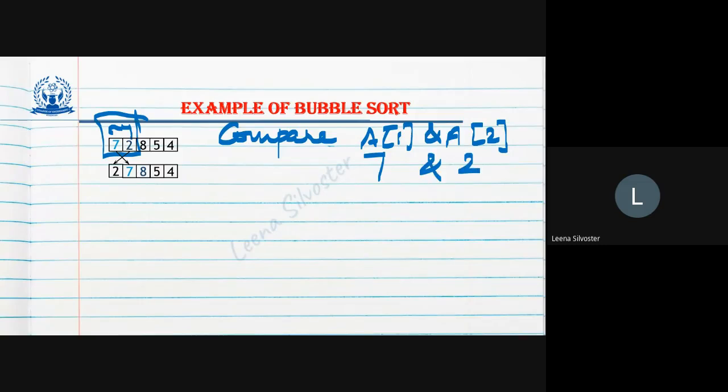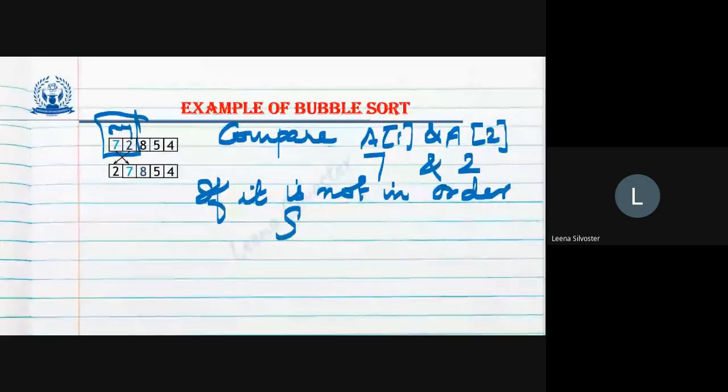What is the next step? If it is not in order, then you have to swap it. Swapping means you have to exchange this 7 and 2. Is it in correct order?